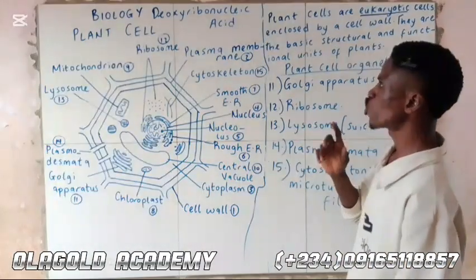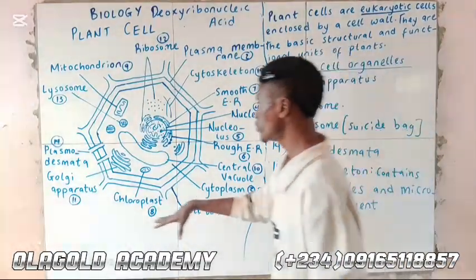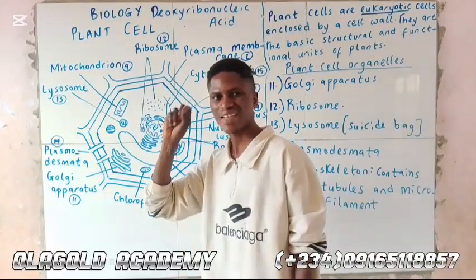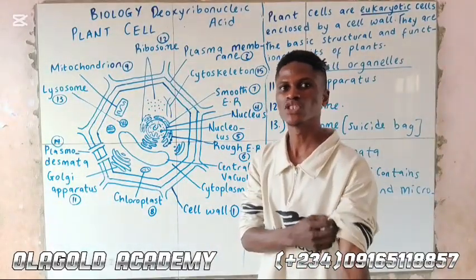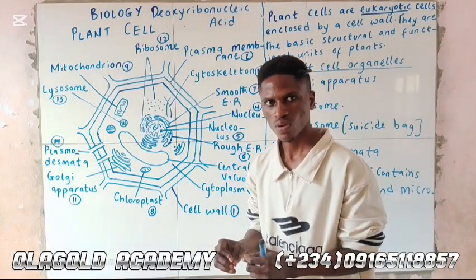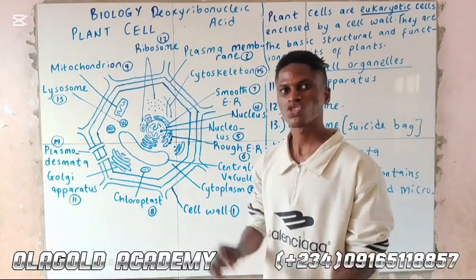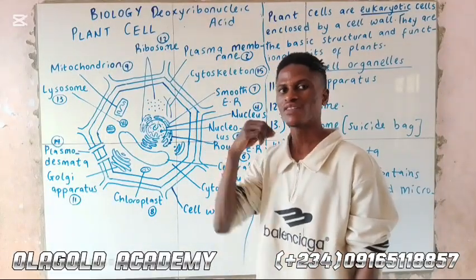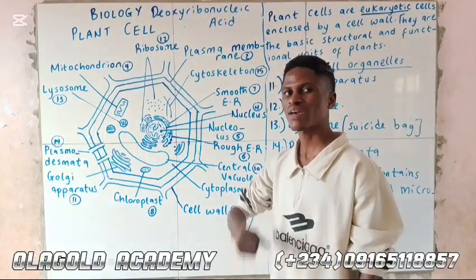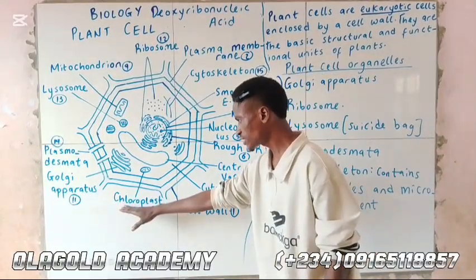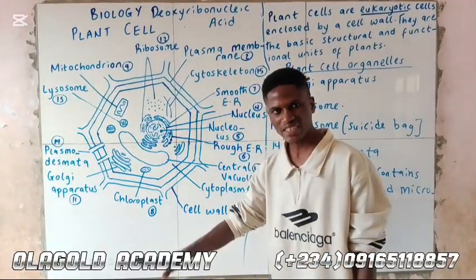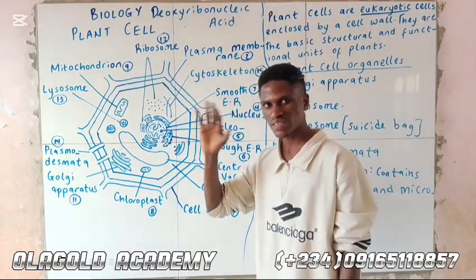Alright, number eight, we have the chloroplast. I said that the chloroplast is what contains the chlorophyll that helps to trap light energy and convert it to chemical energy, which is glucose. So this chloroplast is the site for photosynthesis.